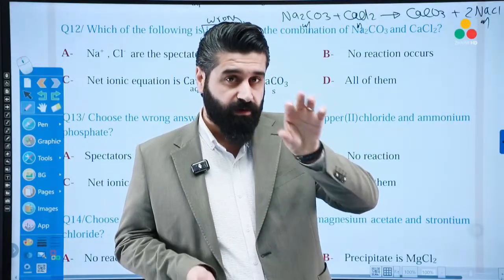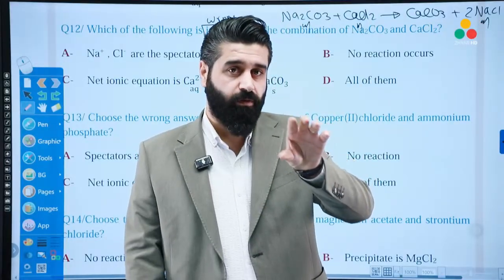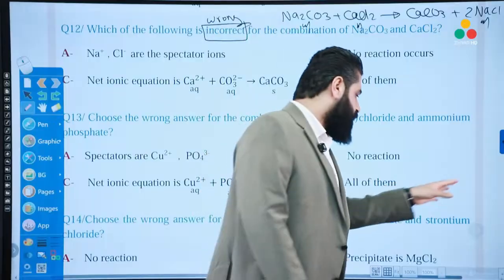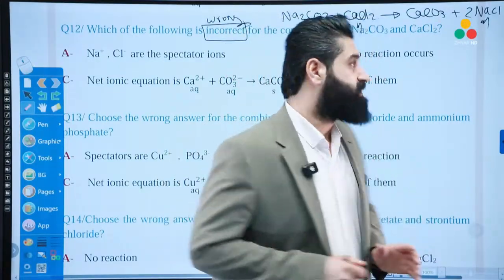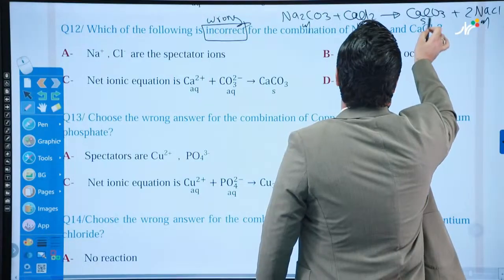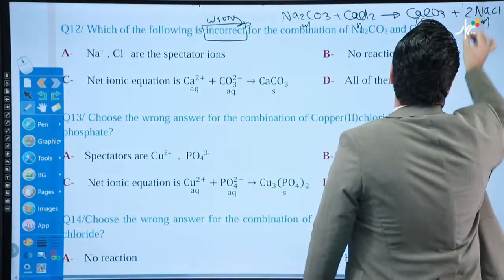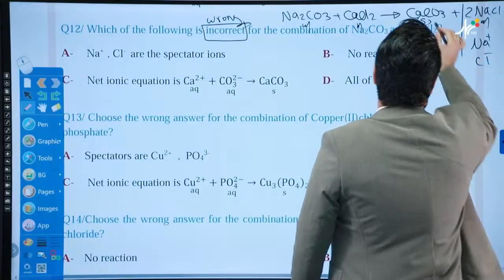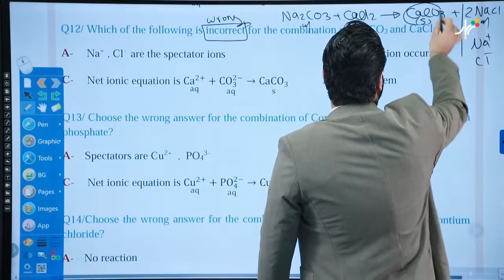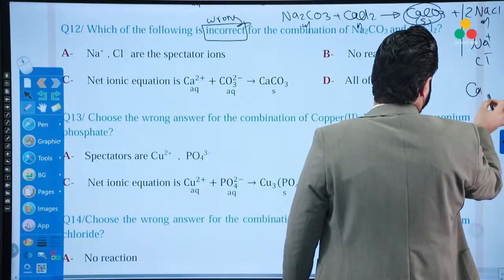So we go according to the last rule, which is rule number 4. There are no ions that are responsible for the aqueous compounds. So this one is supposed to be solid. So the spectators are Na plus and Cl negative here. How about this? This one will become the net ionic equation just like this.